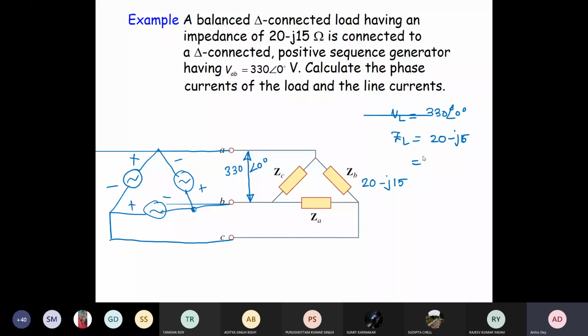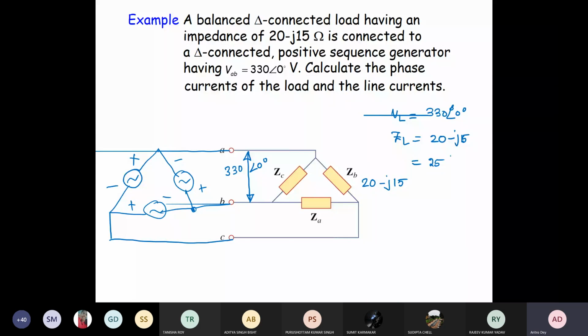If you do not have any question, please mute yourself. So this is actually 25. Angle will be what, plus or minus? This will be minus, right?